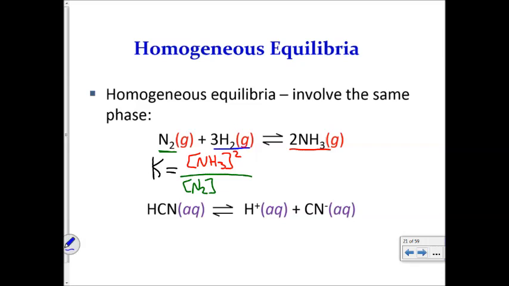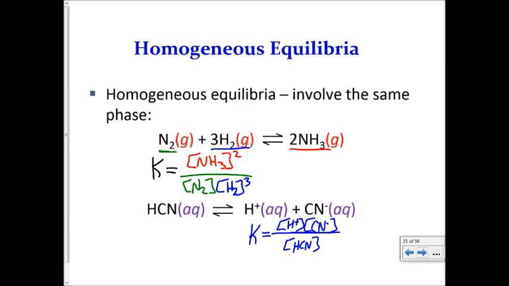And then my hydrogen, put in its brackets, raise it to the 3rd power since it has a 3 for its coefficient. So that would be the equilibrium expression for that particular one. Down here, once again, you would put your products, hydrogen ions raised to the 1 power, cyanide ions raised to the 1 power over your hydrocyanic acid, and they're all 1 to 1 there, so you don't really have any powers. Remember writing your equilibrium expressions, products over reactants.